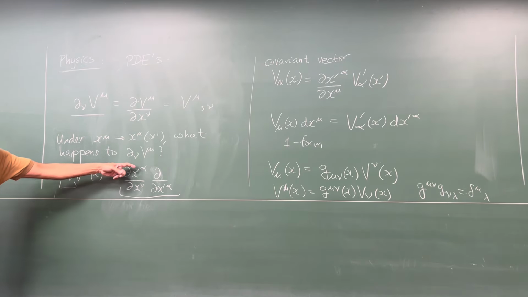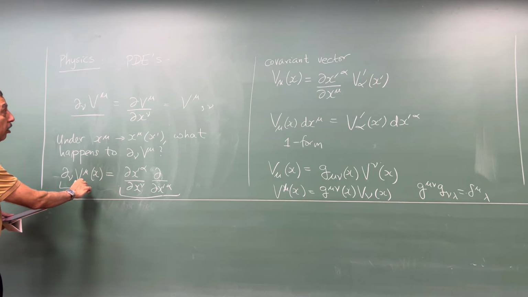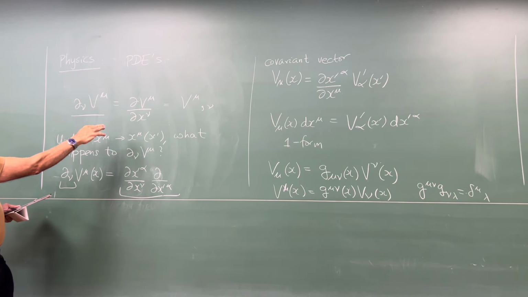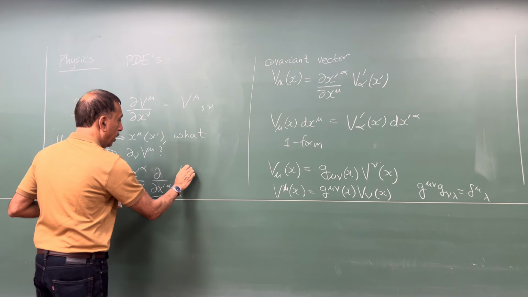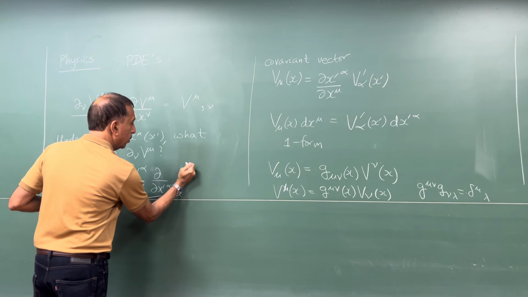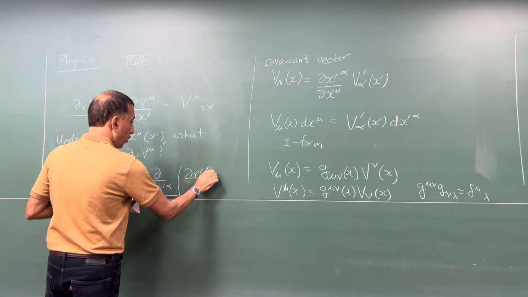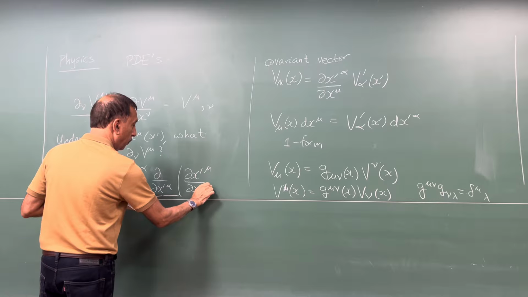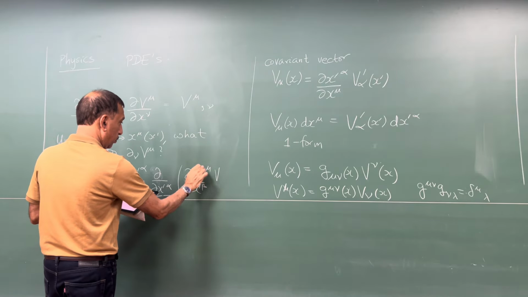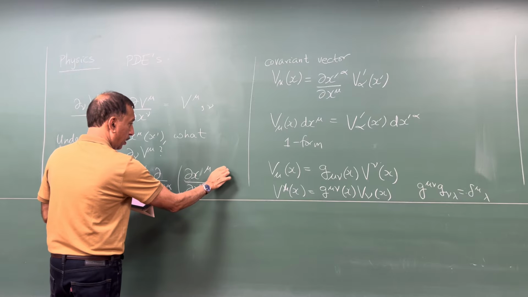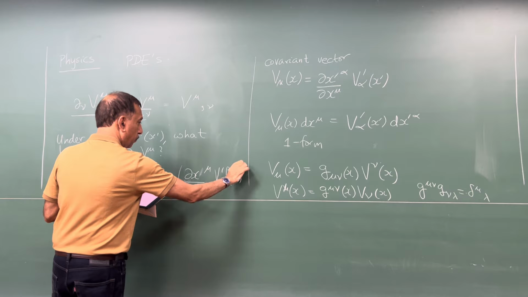Del by del x is del x prime by del x prime, and V will change by whatever equation we had earlier, which I've rubbed out. So it will be del x prime mu by del x beta V, del x mu by del x prime beta V prime beta of x prime. That.